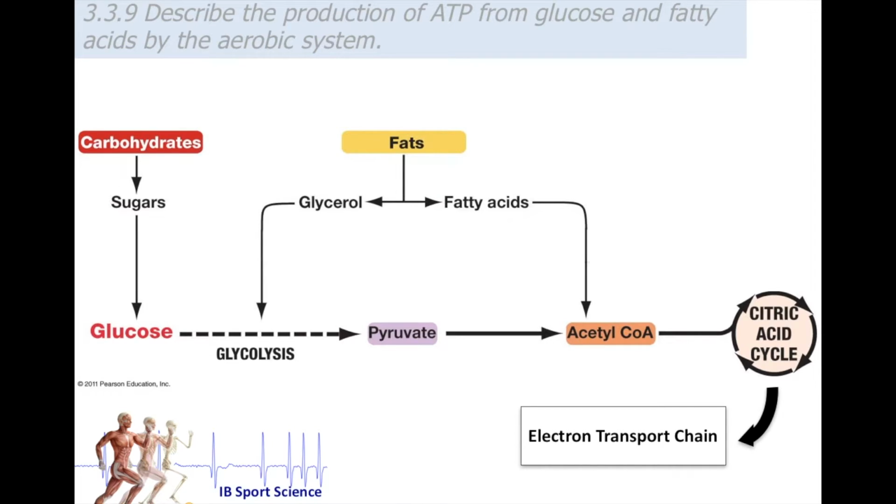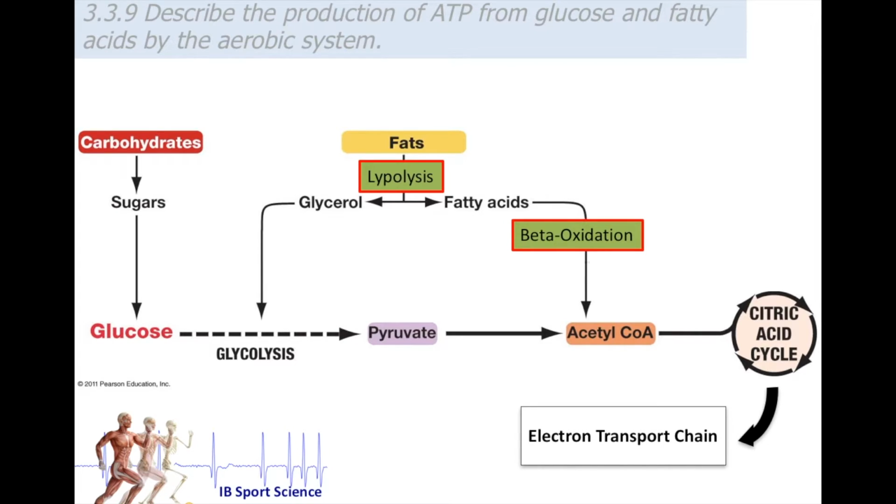When fats are broken down, the glycerol head gets used in glycolysis and the fatty acids get transferred into acetyl-CoA. We have two breakdowns here. We've got lipolysis, where the fats are broken down into glycerol and the fatty acids. And we've also got beta oxidation, where those individual fatty acids are broken down into acetyl-CoA.